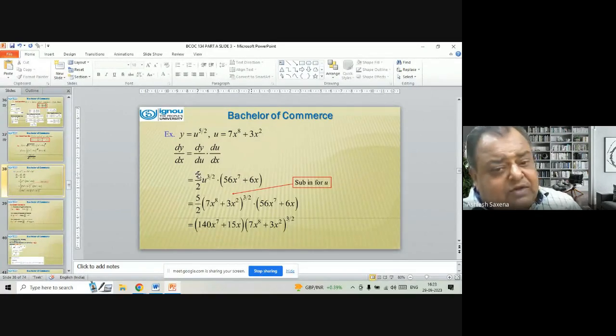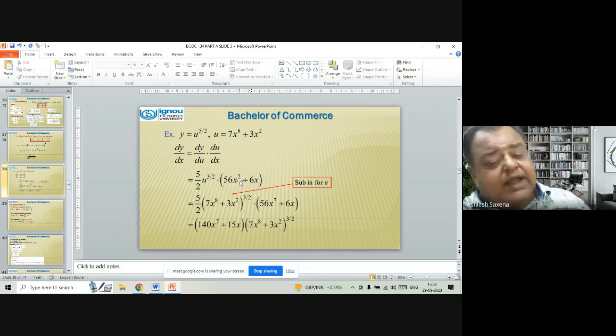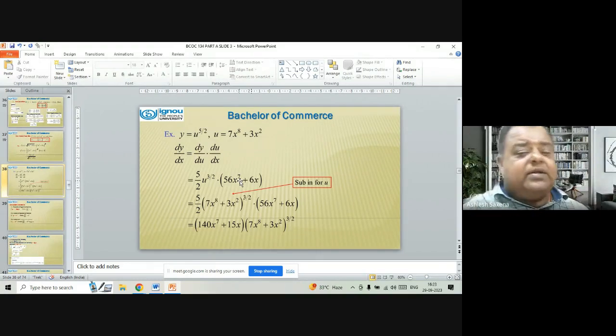You see that you have a constant, you have u over there, and you have x. Mostly x is there, so I will transform this equation to be in x. That means I will replace the value of u by x. My u is 7x^8 + 3x². I will just put it over here, nothing else, recombining and closing.